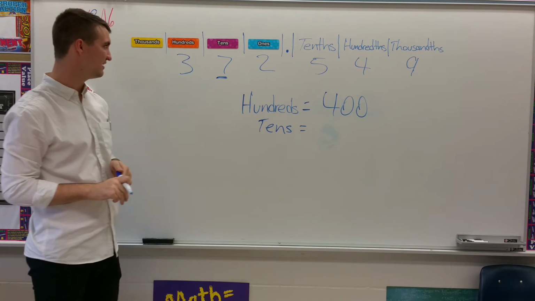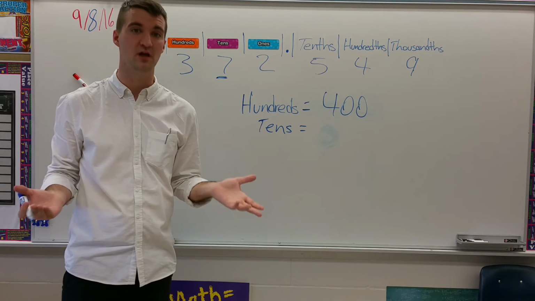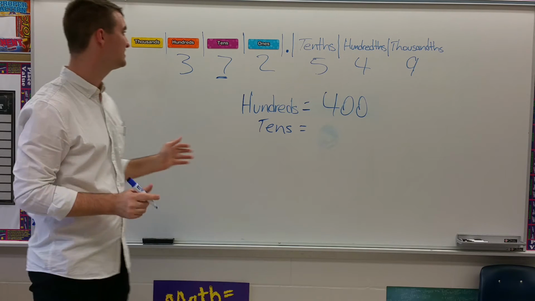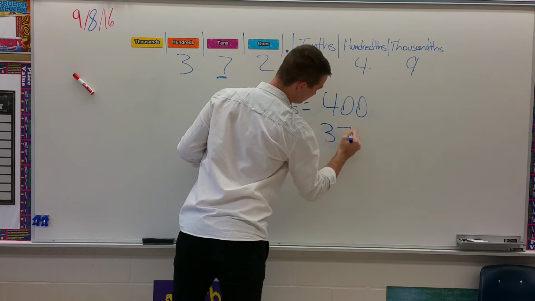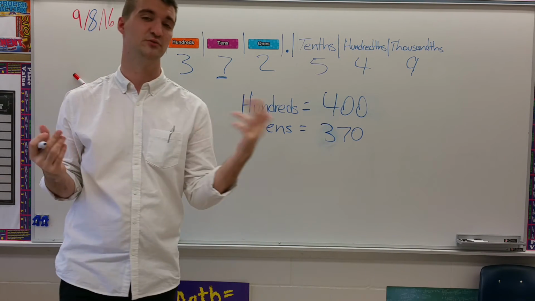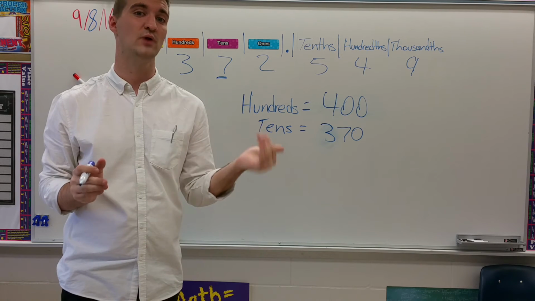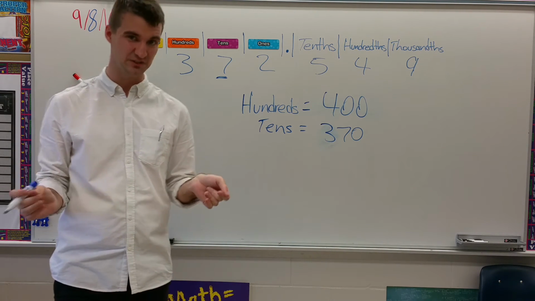It's less than 4. It's 4 and below, so I'm going to let this rest and go down to 370. Why does it go down to 370 instead of, say, 372? Because I've got to round either up or down to a number that is a multiple of 10, a number that ends in a 0.